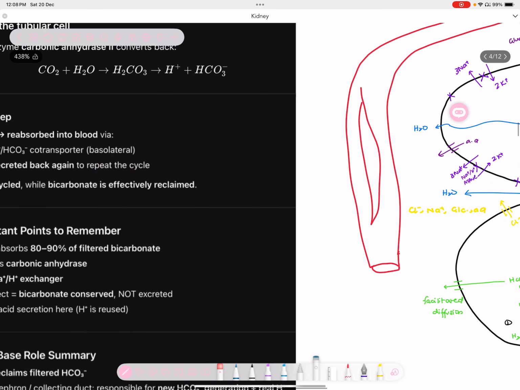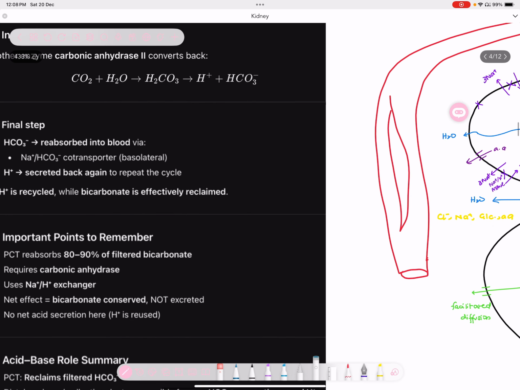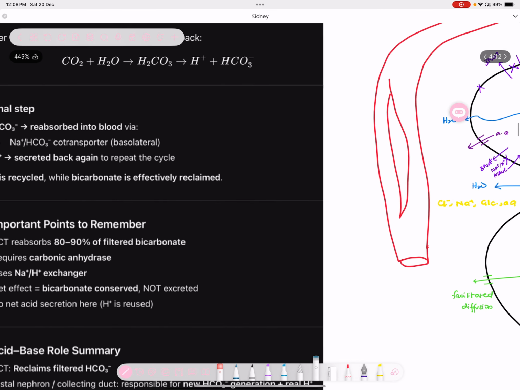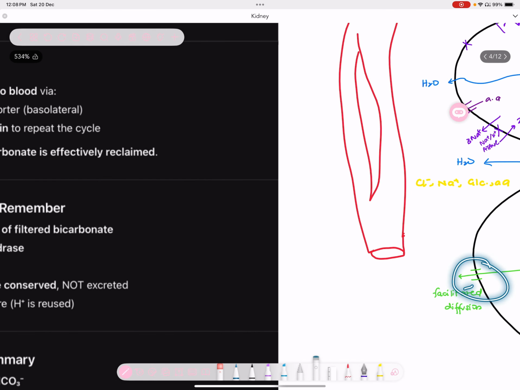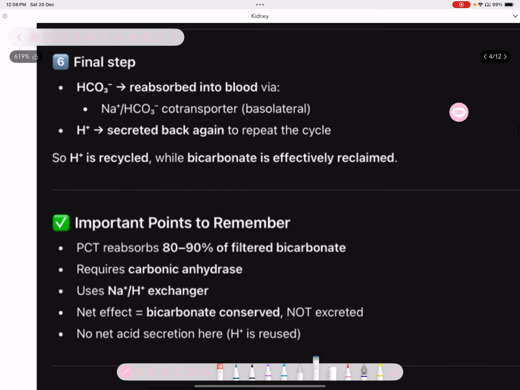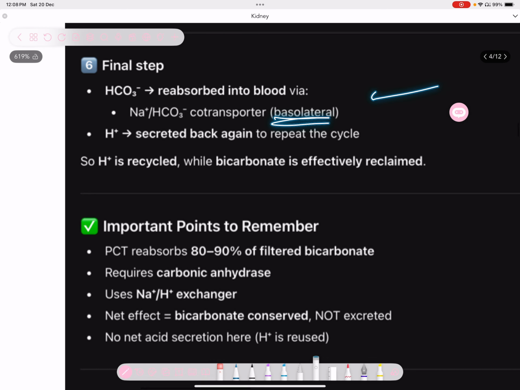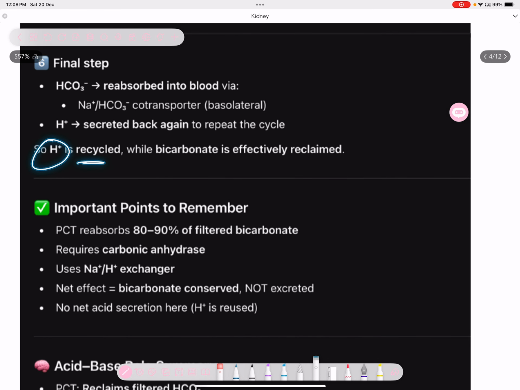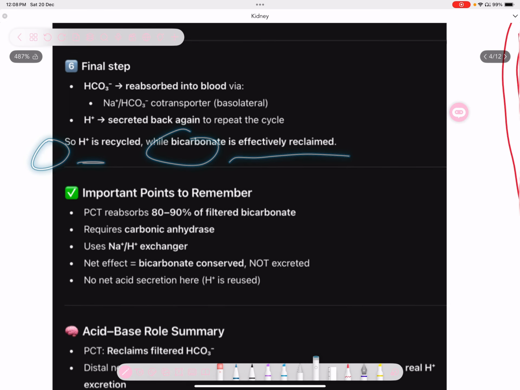Here on the basolateral surface we have the sodium bicarbonate co-transporter. I said transporter earlier and also said channels, but you have this very important sodium bicarbonate co-transporter, and both are going in the same direction. So the sodium bicarbonate co-transporter sits on your basolateral surface and reabsorbs these back into the blood, and the proton is secreted back again to repeat the cycle. So proton is continually being recycled whereas bicarbonate is effectively reclaimed.